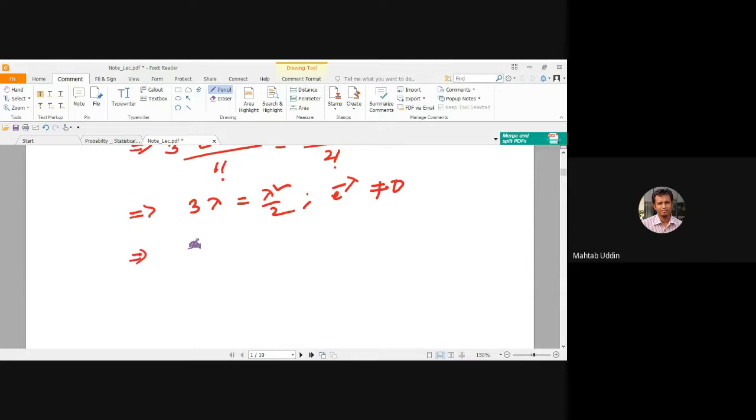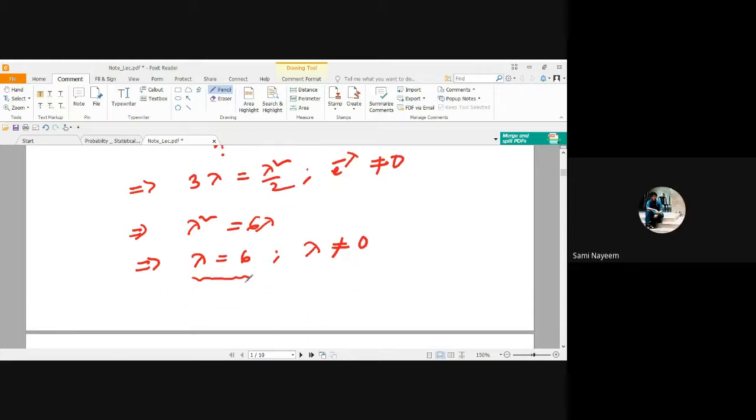Then we'll get lambda square equal to 6 lambda, that is lambda equal to 6. Why? Because lambda is not equal to 0, so from both sides you can cancel the lambda. So what is the average here? 6.